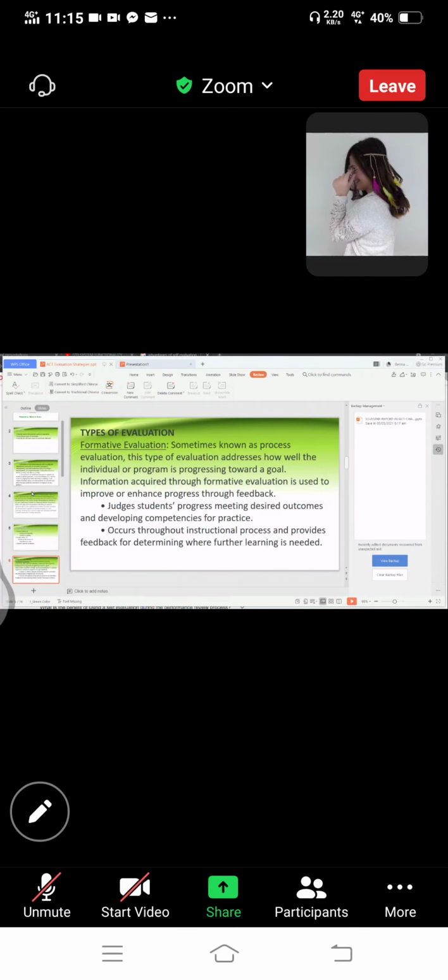So there are two types of evaluation. First is the formative evaluation, or sometimes known as process evaluation. This type of evaluation addresses how well the individual or program is progressing towards a goal. Information acquired through formative evaluation is used to improve or enhance progress through feedback.